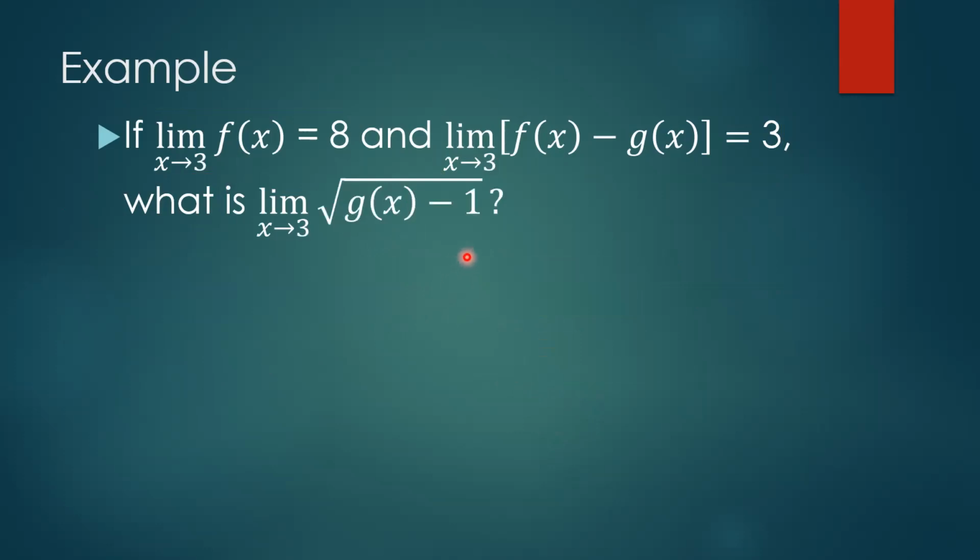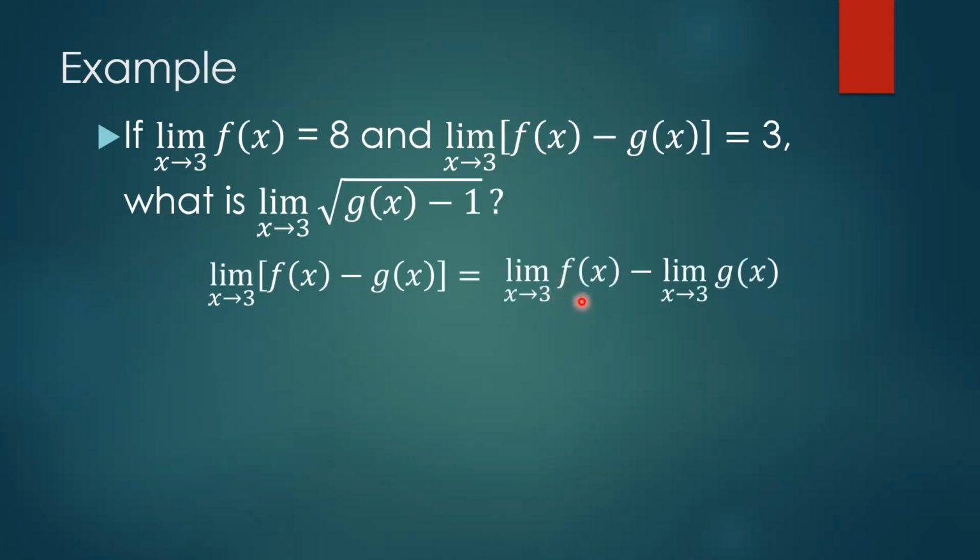Yan. So in this case naman, we're asked to find the limit of the square root of g of x minus 1. So same naman yung given, kaya lang you have a difference here. Okay? So we start with the property. So limit of the difference is equal to the difference of their limits. Ayan, so ini-spread out natin.